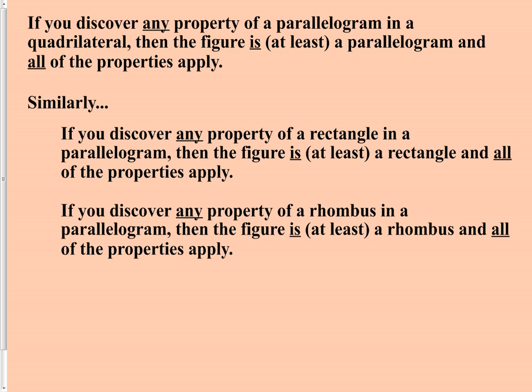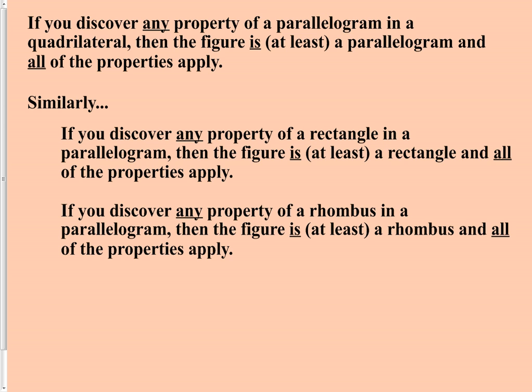And the same argument then applies to rectangles. In addition to the four main properties that we have for a parallelogram, there's a couple of specific properties for a rectangle. Namely, it is a parallelogram that is equilateral, and it's also a parallelogram that has congruent diagonals.